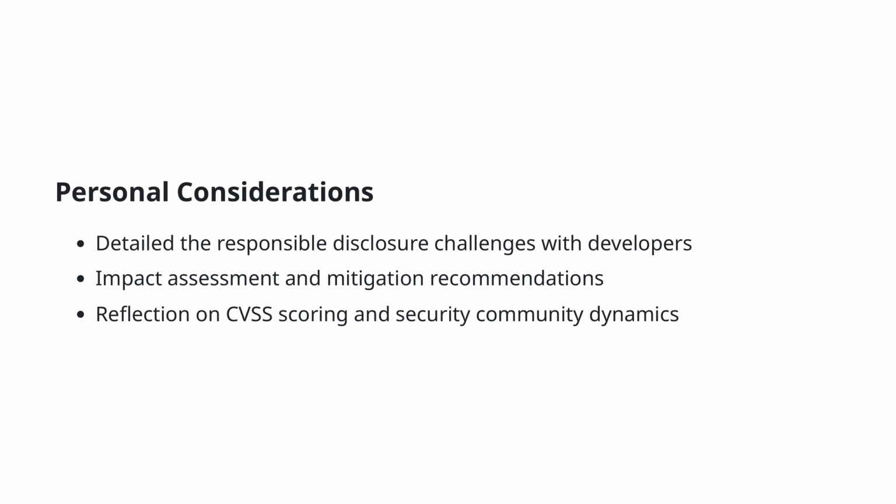Understanding how these vulnerabilities can affect the system and determining effective solutions are critical steps in improving security. Lastly, reflect on the CVSS scoring. It's an important metric, but remember that nuances in the scoring and the dynamics within the security community can influence perceptions and urgency. This understanding will help you better navigate the landscape of vulnerability management and mitigation strategies.